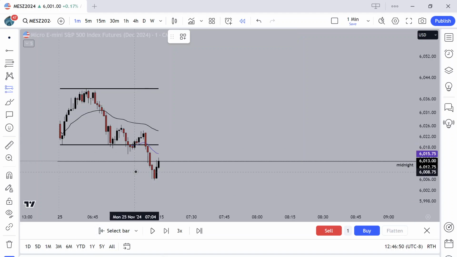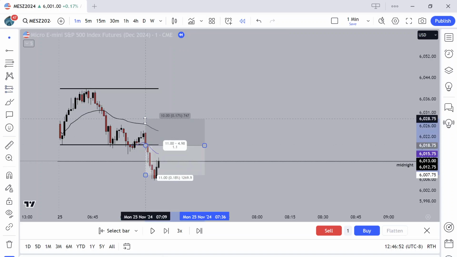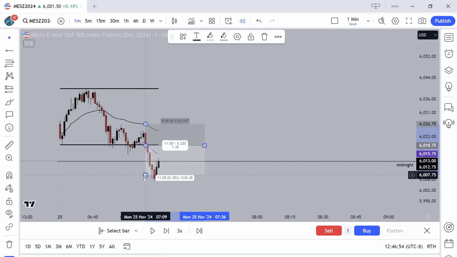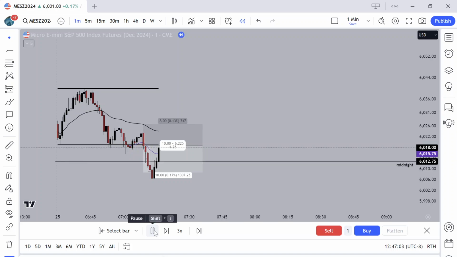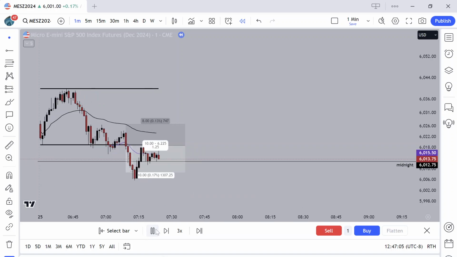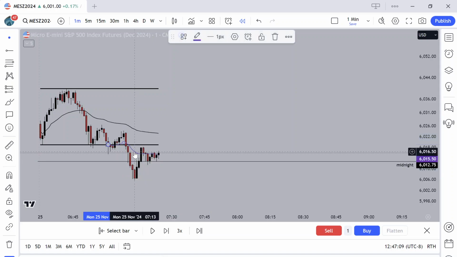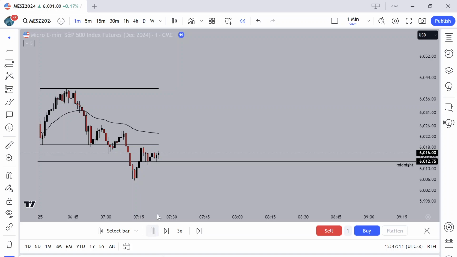So your first trade entry would be from here, like this, and then maybe you go 10 points. You're going to go through midnight. So now you're going to hit your full take profit on that trade, and now you're out of the market. Done. Let's continue to see how VWAP plays out here.